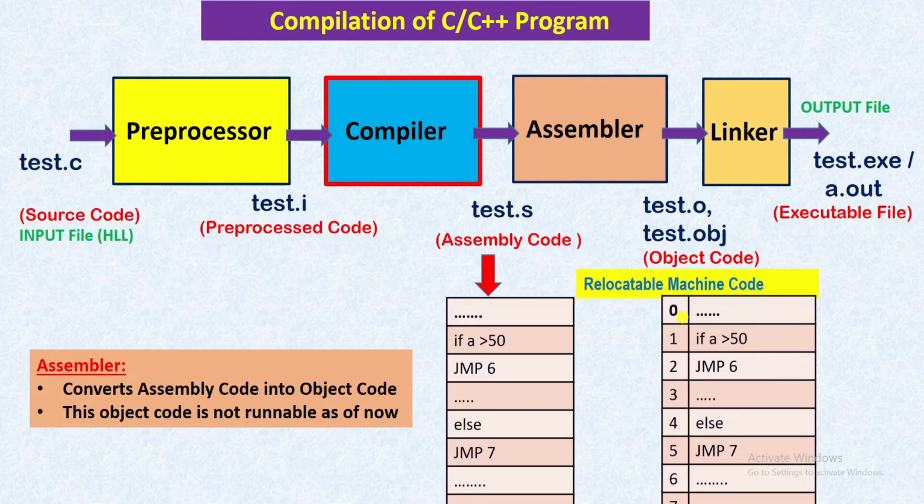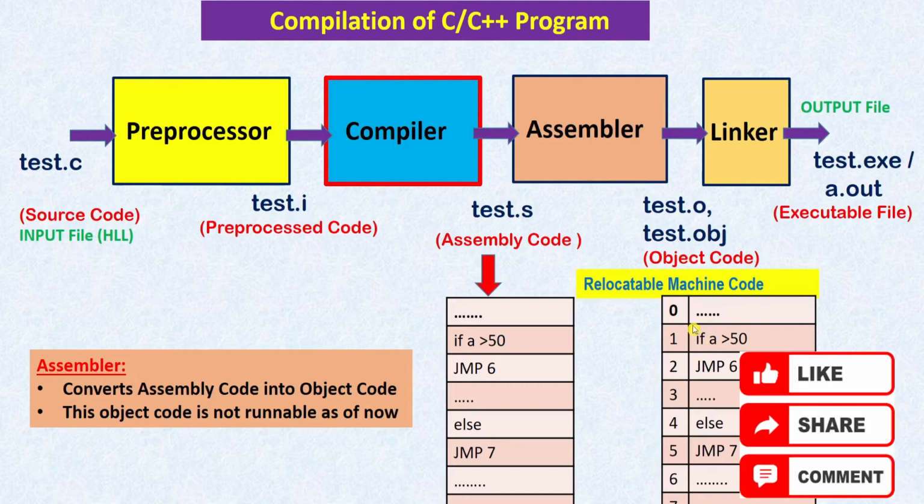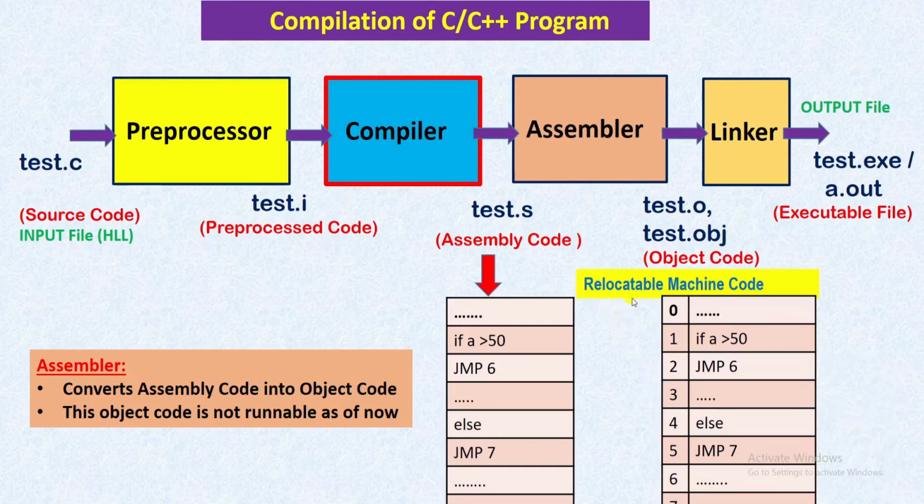This line will be placed at address 100, then this will be placed at 101, then this second line will be placed at 102, and so on. That means this code has changed its address. Here its address starts from 0, but in main memory the starting address of this code will be 100. This is what is meant by relocatable code. It is adjustable code. I will talk more about relocatable code in later videos.